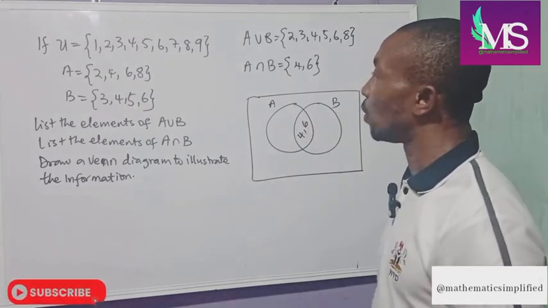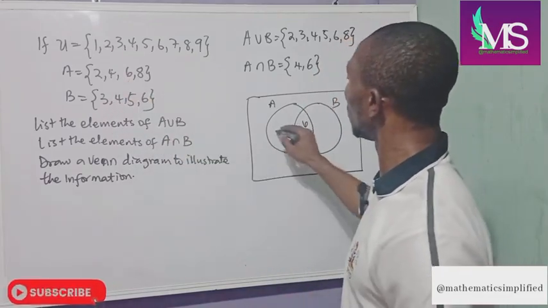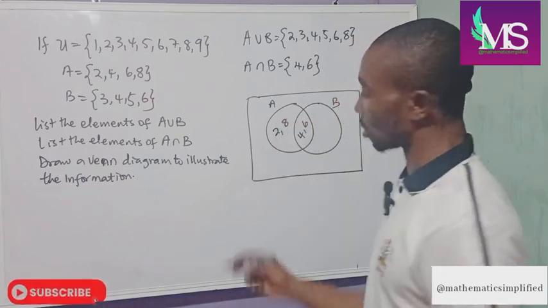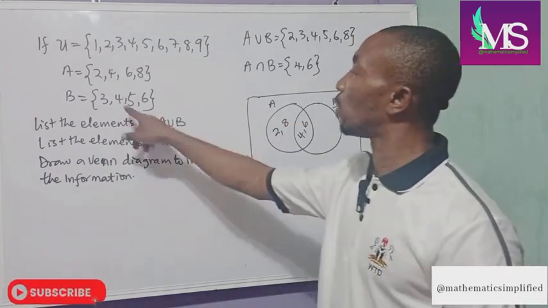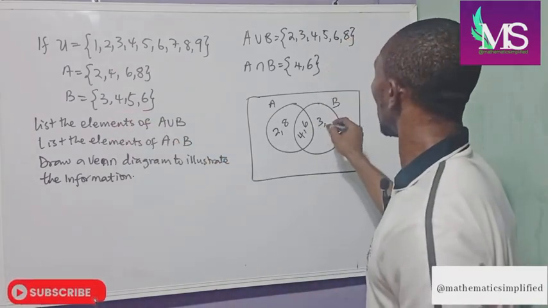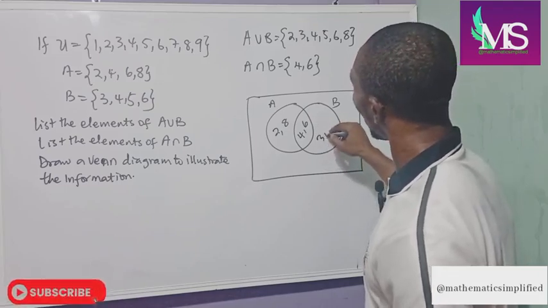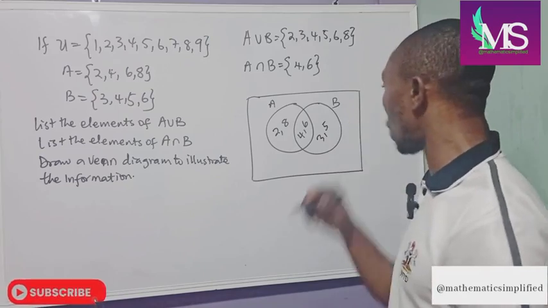If we remove 4 and 6 from here, what do we have in A? That would be 2 and 8. If we remove 4 and 6 here, we have 3 and 5 left.